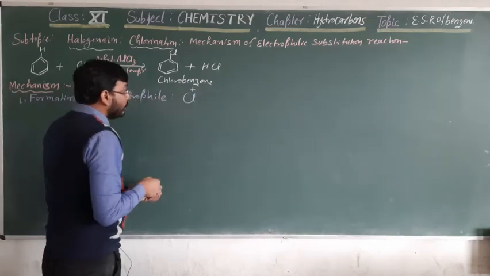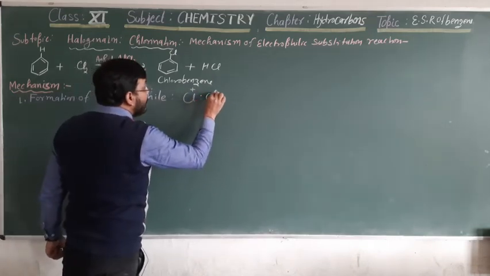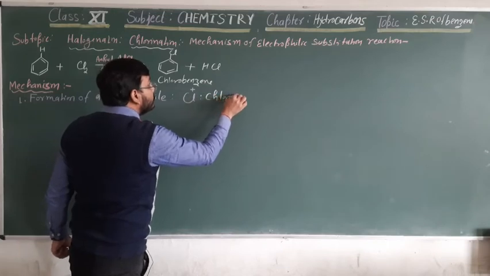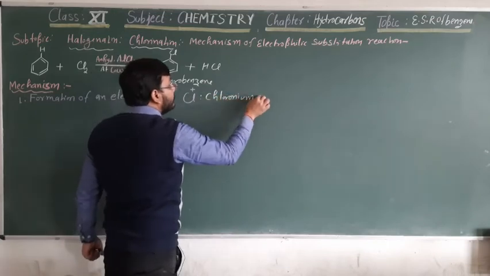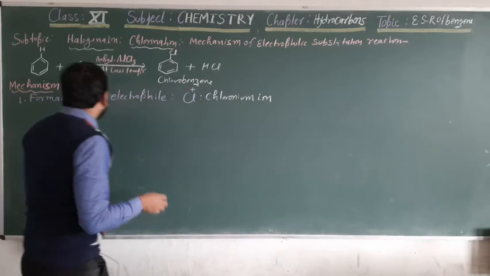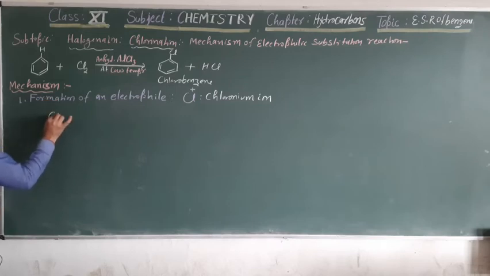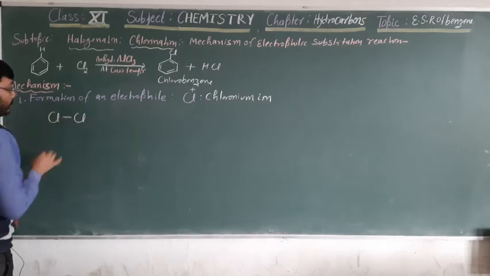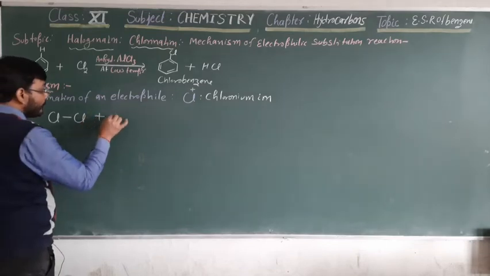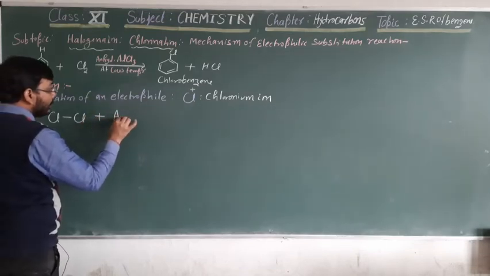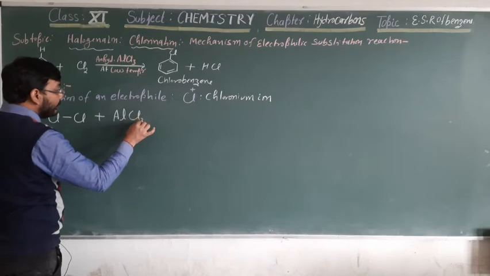This is called the chloronium ion. Now, how is this electrophile formed? Cl2 plus anhydrous AlCl3 we have here.